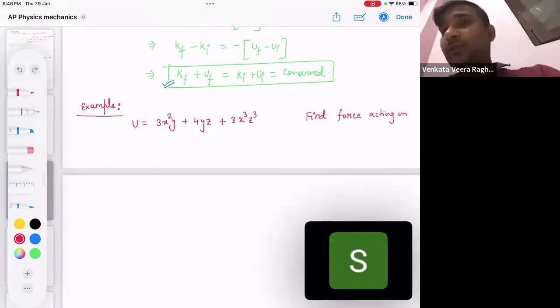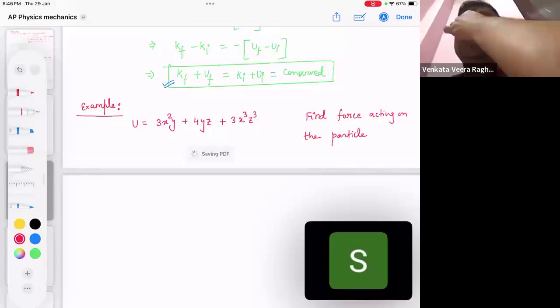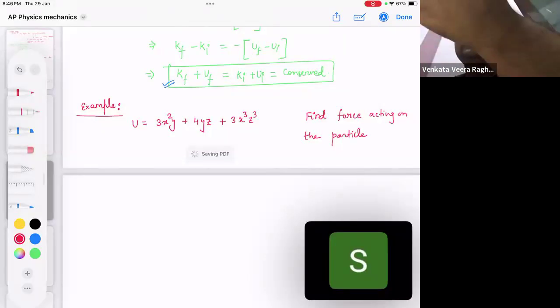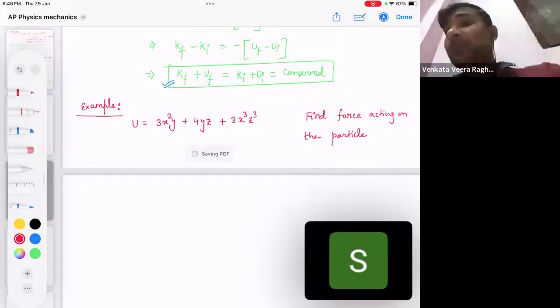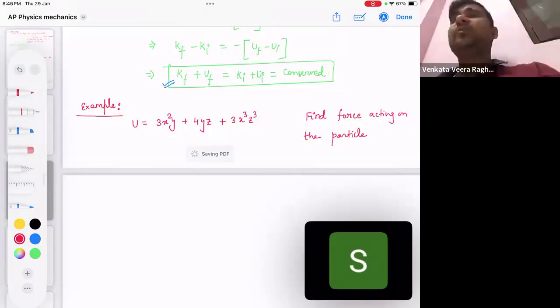Find the force acting on the particle, and that force is variable in nature, so I must give you the coordinates also, isn't it? Find the force acting on the particle located at 1, 2, 1.